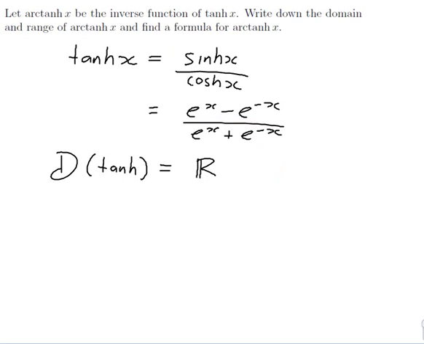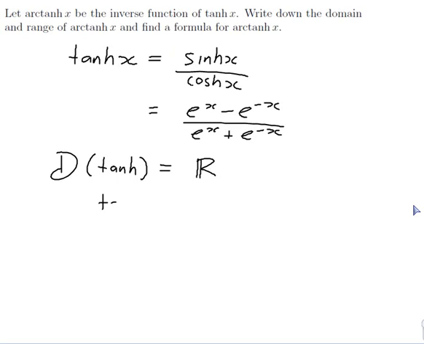Okay, now for the range. Well, the range would be the set of all values that come out of my function. So I need to think about what I can produce by putting various x's into that formula. And what I've seen before is that you see what happens as x goes to infinity and what happens as x goes to minus infinity. First, let me check what happens when x is 0.